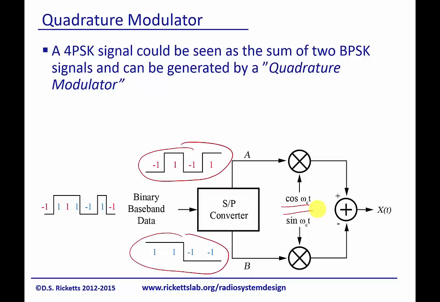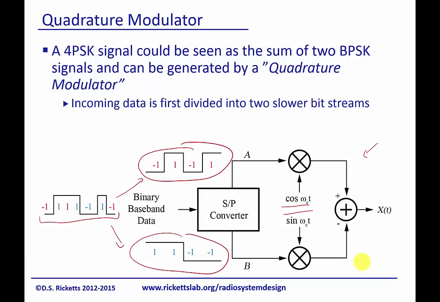And what happens is, actually in the digital domain, we've got our large series of data we want to transmit, and we put it into a symbol separator. It basically takes this data and puts every other bit there, and then our quadrature modulator transmits those just like we'd seen before. And as I said, the incoming data is divided up and then modulated with cosine and sine.